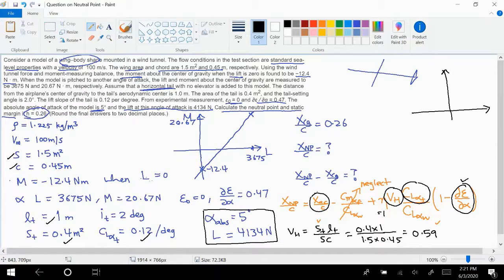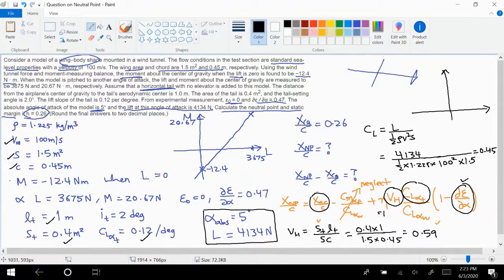CL is equal to lift divided by half rho v square S. Lift is 4134 Newton. Half times density, which is 1.225, times velocity, given as 100 meters per second, so 100 squared, times the wing area, 1.5 meters square. So what is the value of CL that we get here?